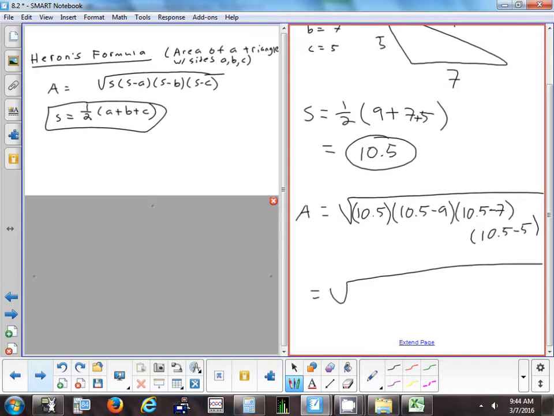Okay, we are going to need a calculator, but I like just to simplify all the subtraction first. So 10.5, what's 10 and a half take away 9? 1.5. Okay, 10 and a half take away 7? 3.5. And 10 and a half take away 5? 5.5.